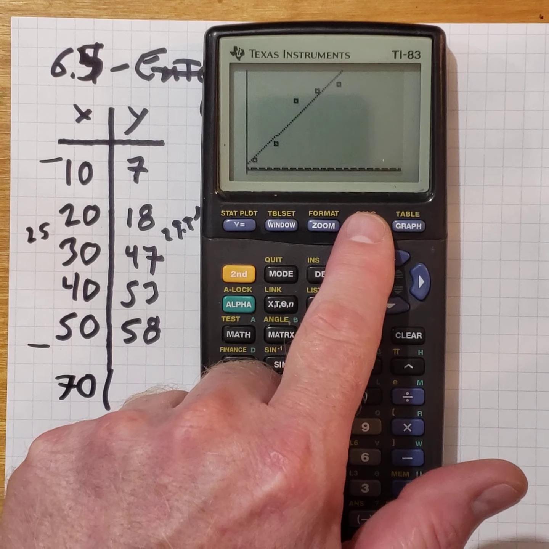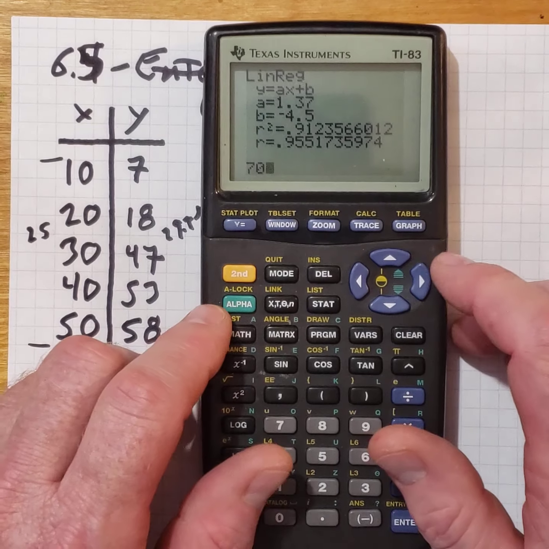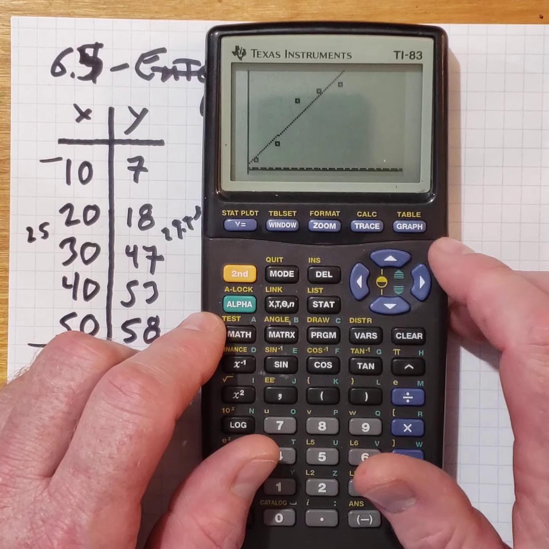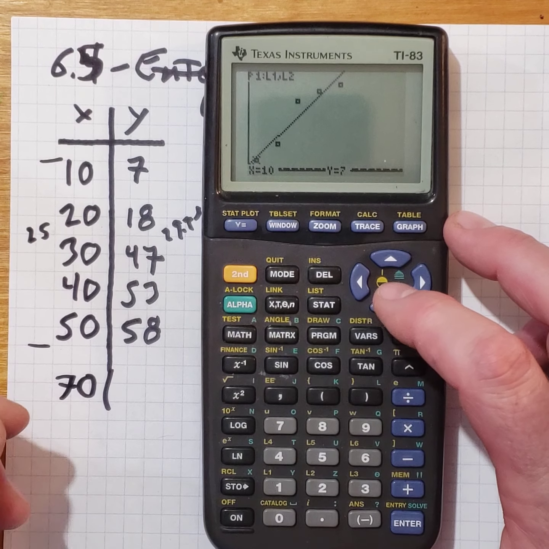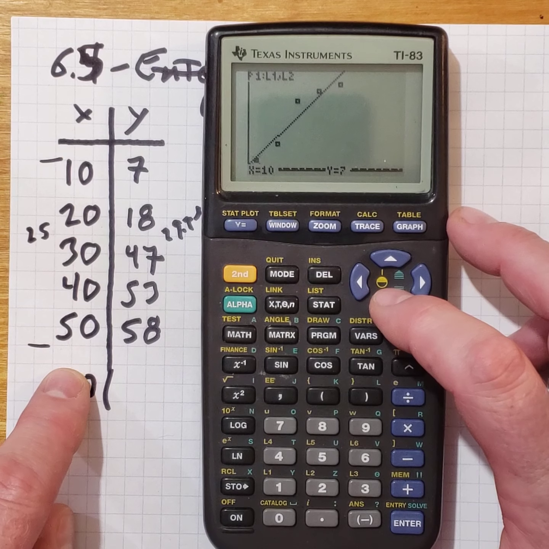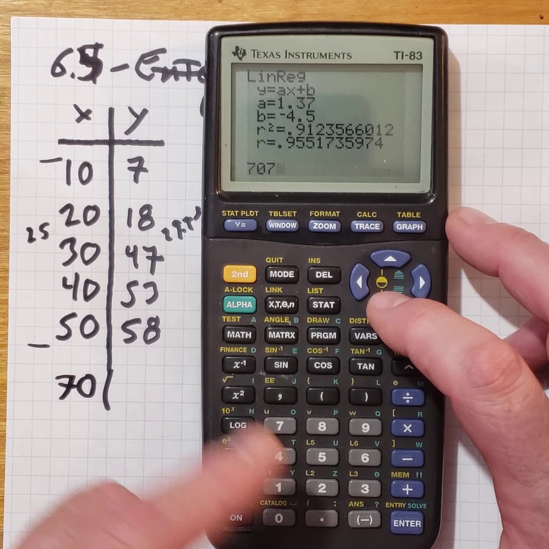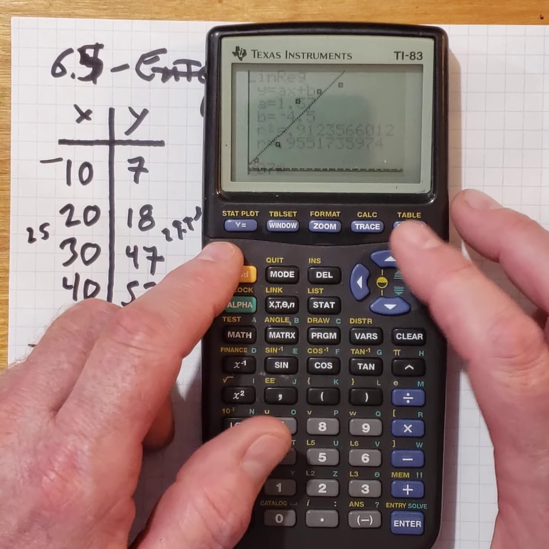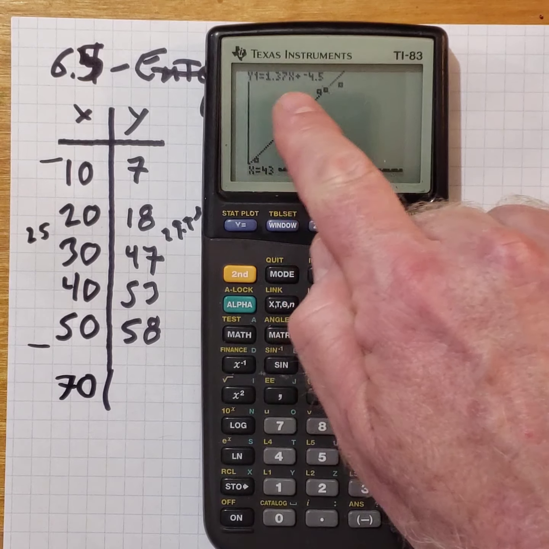So now if I go to trace and put in 70, whoops, see, I hit trace and I was on my points. I try to put in 70. I don't have a point for 70, so it gives me an error and throws me back to the home screen. So I do trace and then up arrow or down arrow to get back to my line.